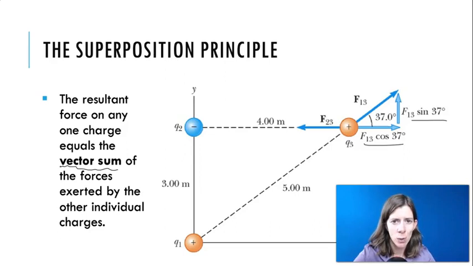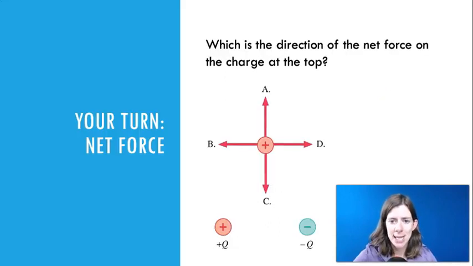The last thing I want to do in this video is go over a conceptual example, and to answer it, just keep in mind that you have to add forces using the vector addition rules that you learned about in Physics 1. So let's take a look at this example. It says, which is the direction of the net force on the charge at the top?